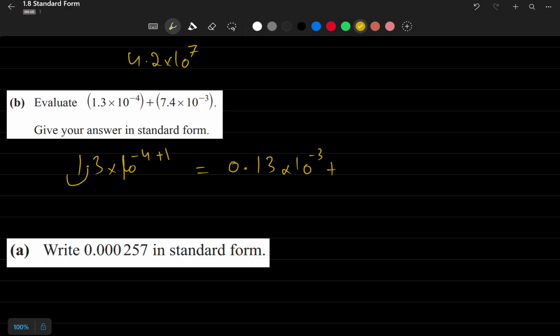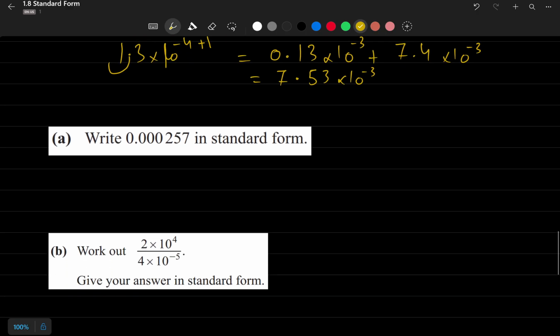Now we can simply add 0.13 10 raised to power negative 3 with 7.4 into 10 raised to power negative 3. So the final answer becomes 7.53 into 10 raised to power negative 3. This is your final answer.